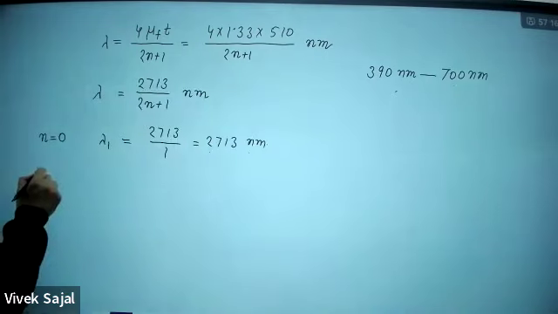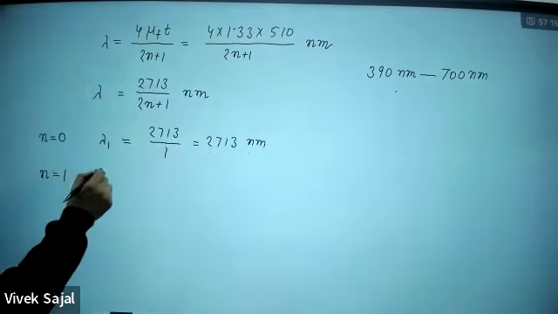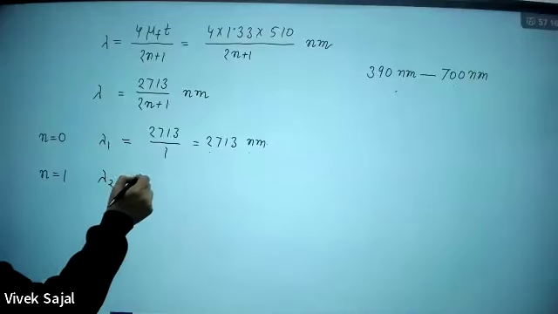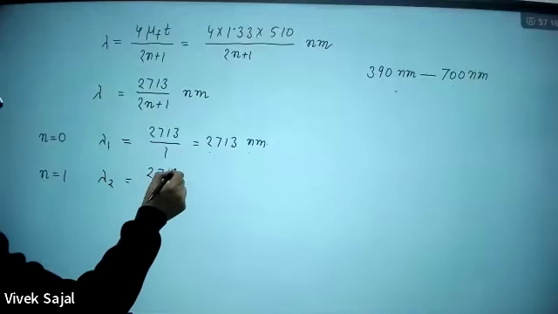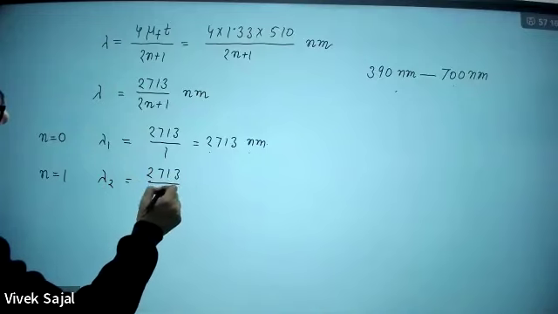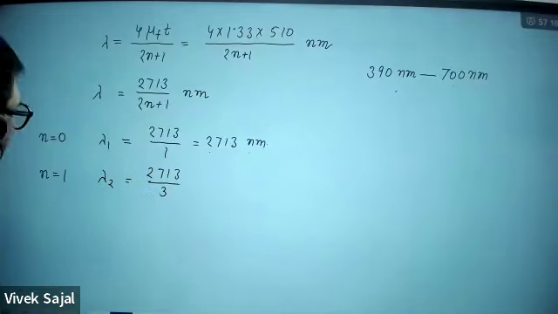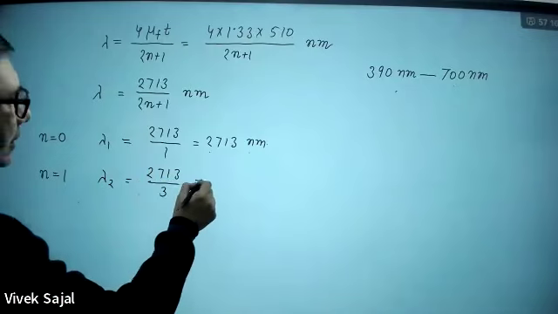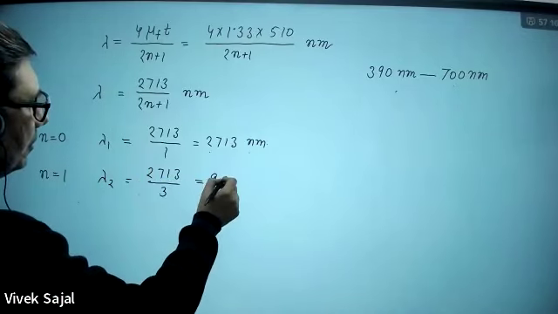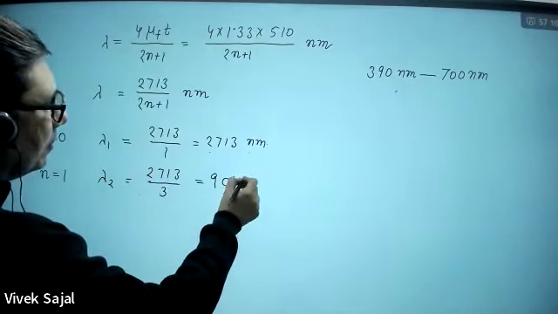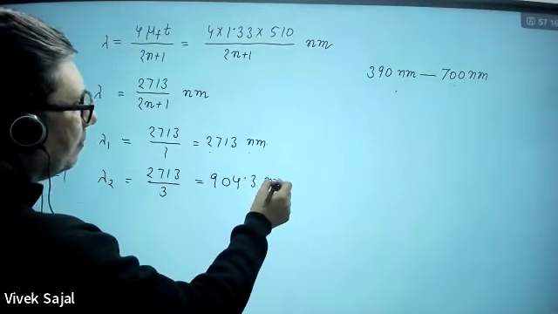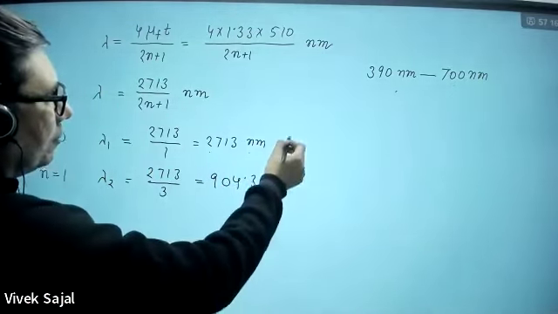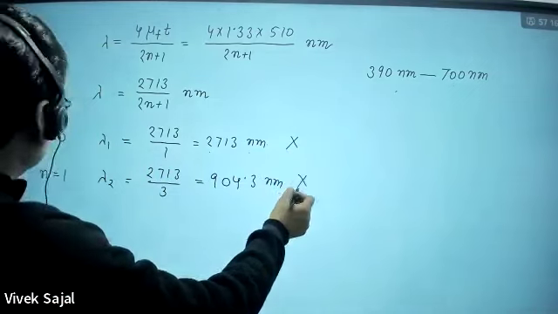Second, I'm going to choose n equal to 1. So this will be lambda 2, and this will be 2713 divided by 3. So this will be 900 something. It will be outside this range, so we are not interested in this.